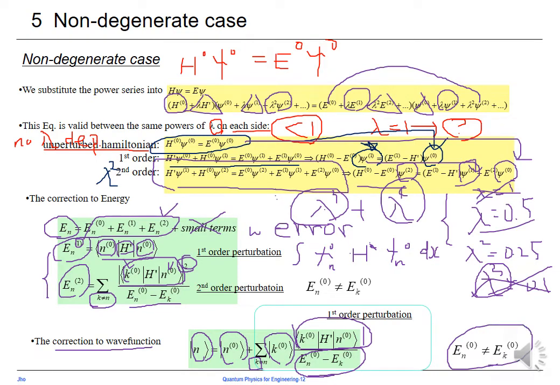So what does it mean? N and K, they are different. If N and K are different, their energy should be different. We need this condition, so this is something called non-degenerate.